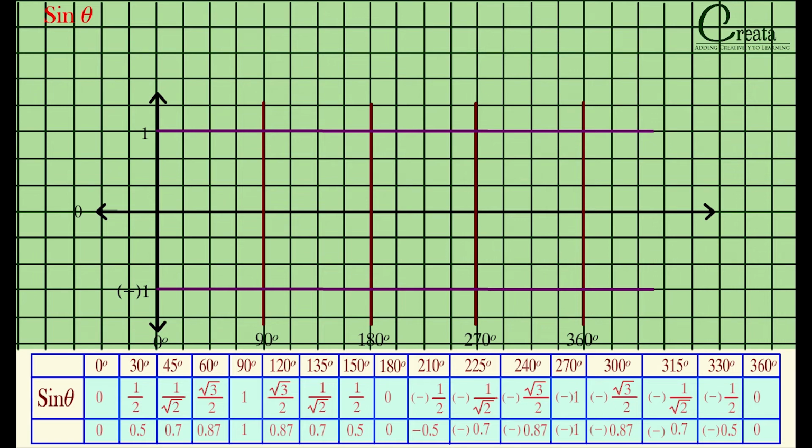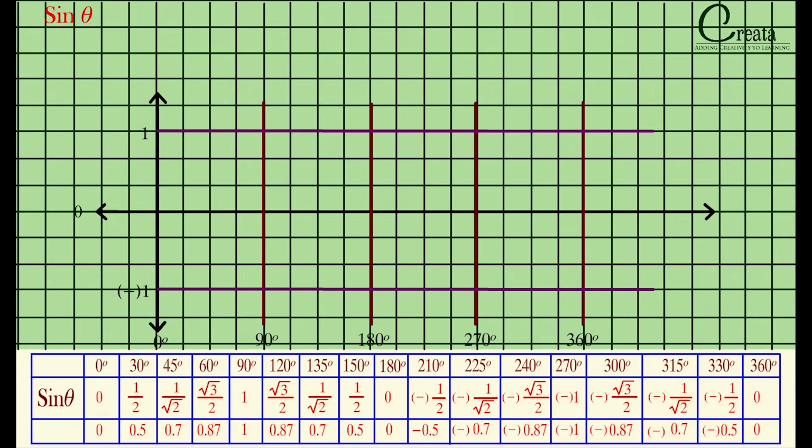So we will take plus 1 on the positive y-axis and minus 1 on the negative y-axis. Are you able to visualize the 4 quadrants here? 0 to 90 degrees is the first quadrant, 90 to 180 is the second quadrant, 180 to 270 is the third quadrant, 270 to 360 is the fourth quadrant.